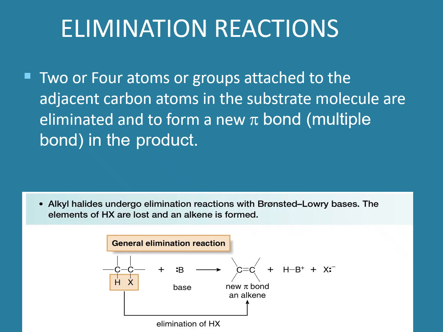So a sigma bond, a single bond, will be lost and we will get a double bond or triple bond, usually a double bond. In this type of elimination reaction, saturated compounds become unsaturated compounds because a single bond is converted into a double bond.